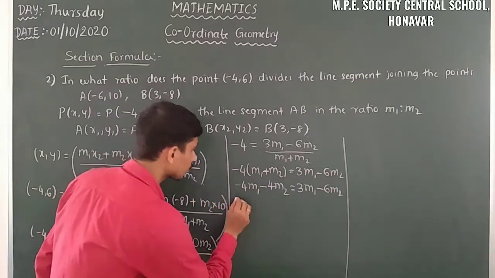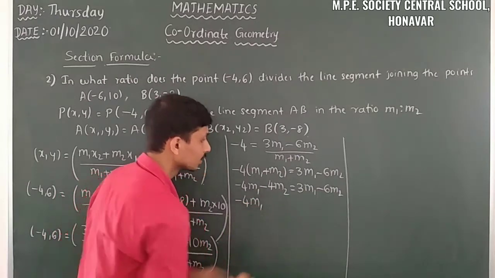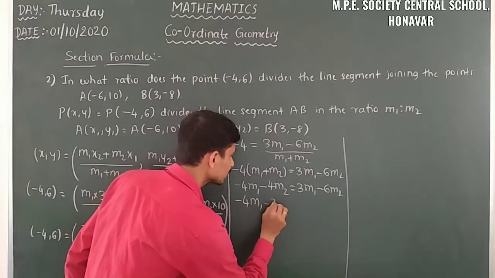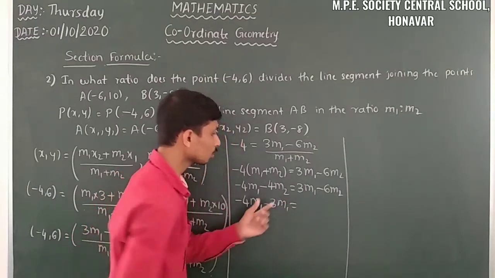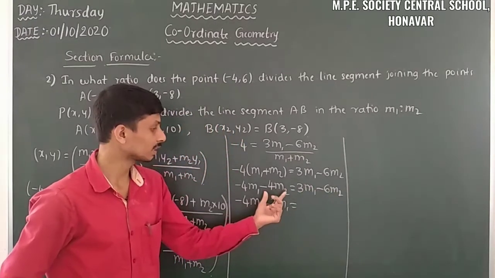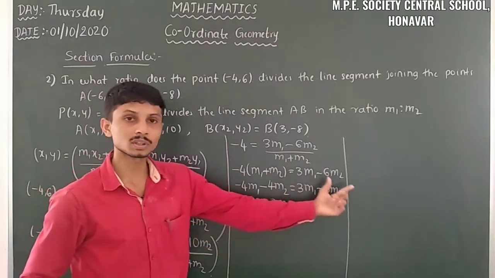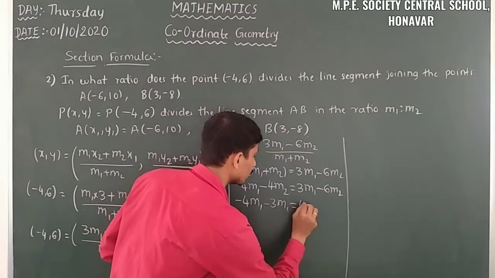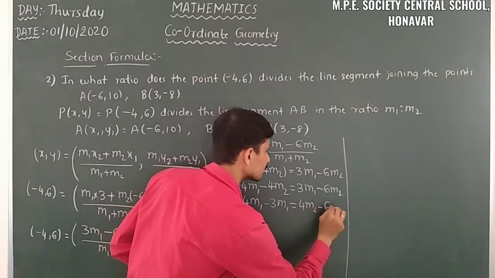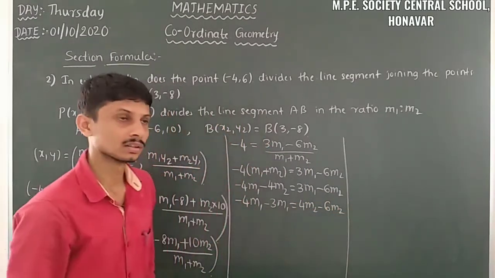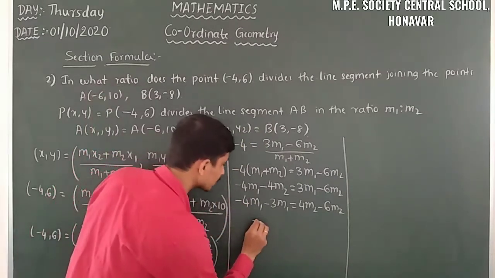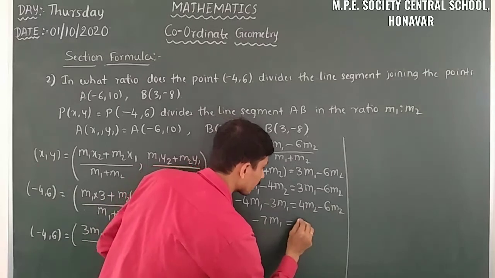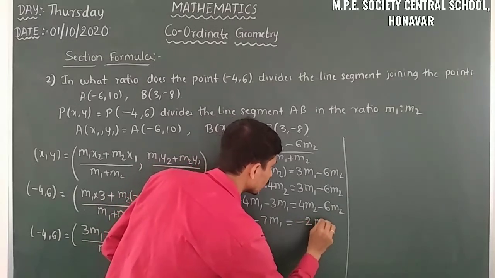Minus 4m1, I will transpose 3m1 to the LHS, becomes minus 3m1, is equal to, minus 6m2 is there, I will transpose minus 4m2 to the RHS, that is 4m2 minus 6m2 here. Then minus 7m1 is equal to minus 2m2.